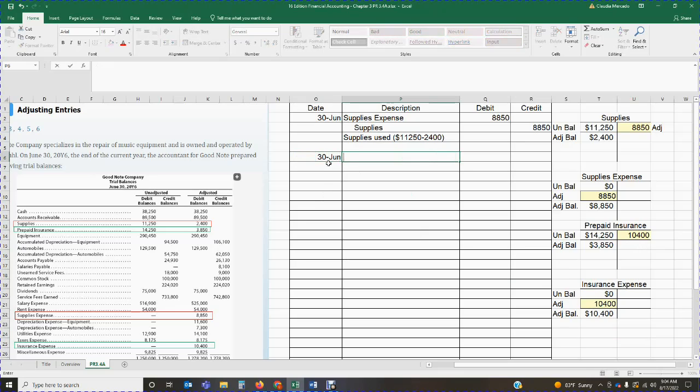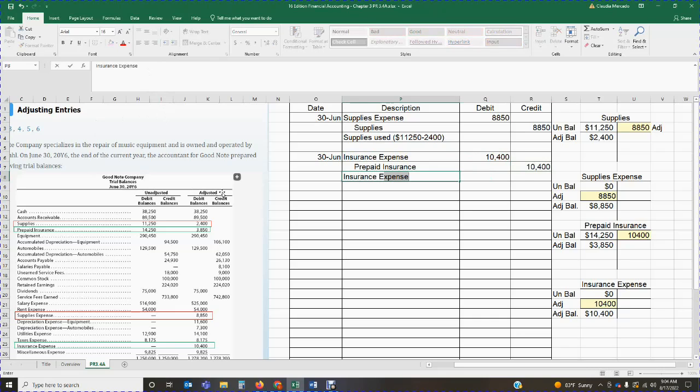So insurance expense gets debited. Remember, debits always go first. And then we have prepaid insurance of $10,400 credit.